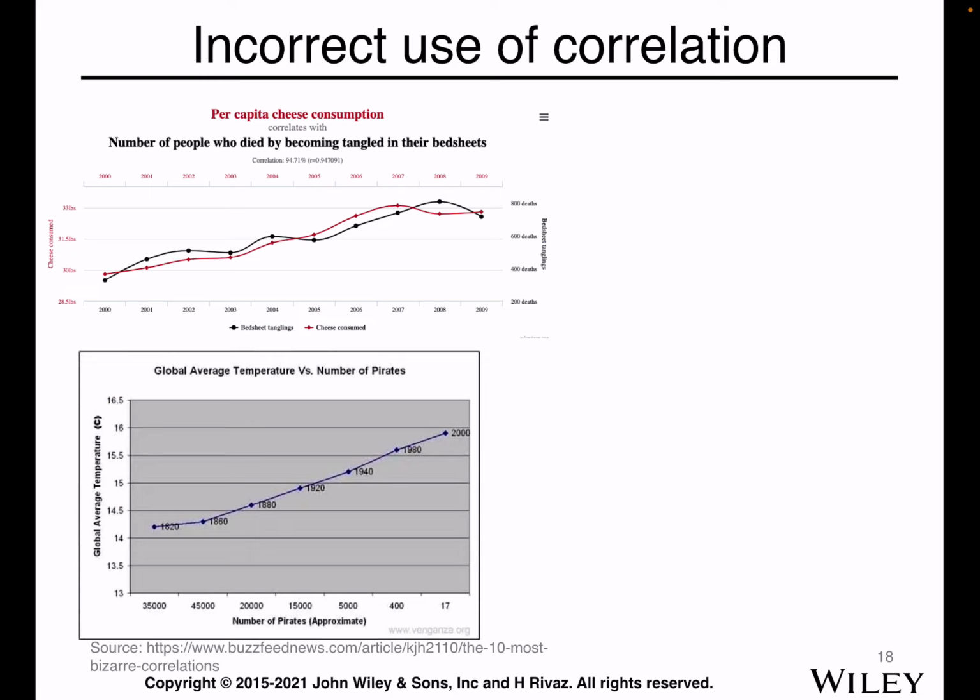Or the other curve down here, the x-axis shows the number of pirates, right? And the y-axis shows global average temperature, right? So this curve clearly shows that there's a strong correlation between number of pirates and global temperature. But it doesn't mean that if we have more pirates, to combat global warming we have to reduce the pirates, right?